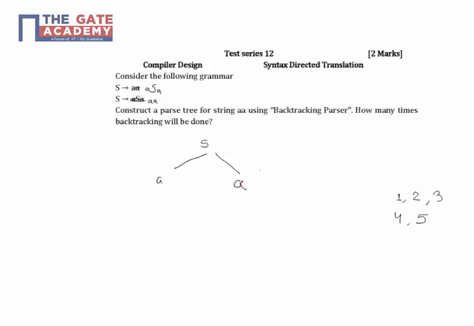Now I have got my final result, that is S to AA, and in my terminal string I have 2 A's. So the number of backtracks for this is equal to 5.